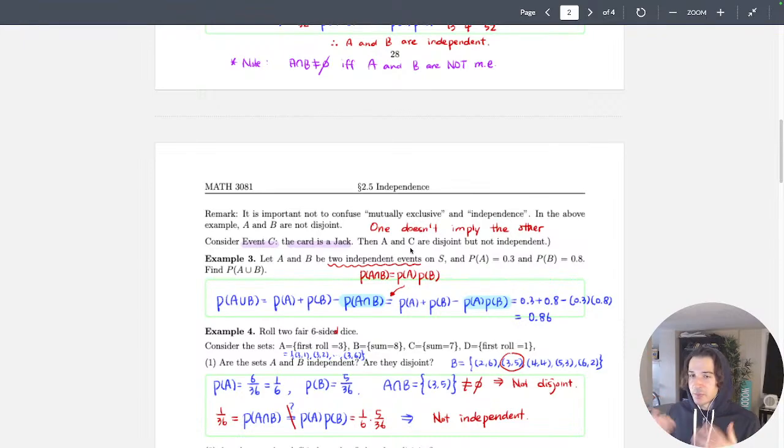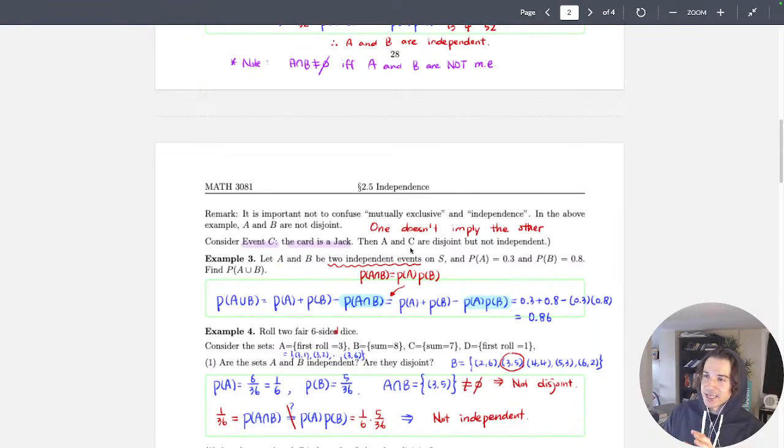But think about independence as the probability of one being affected by the event of the other occurring, right? So independence is the shift in probability due to an occurrence of another event.